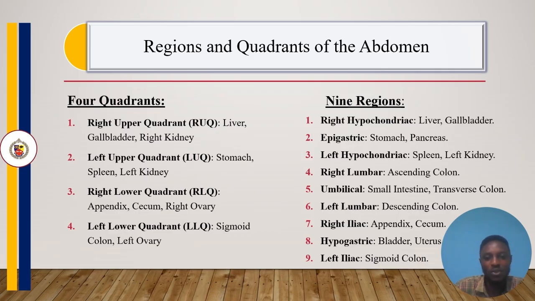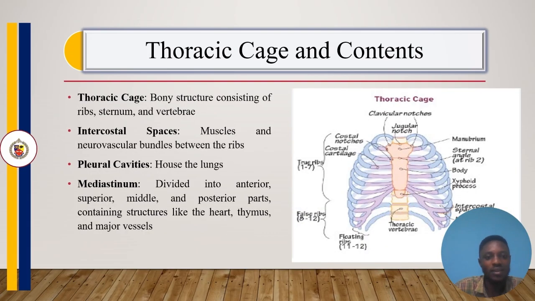These are the nine regions around the abdomen: the right hypochondriac, epigastric, left hypochondriac, right lumbar, umbilical, left lumbar, right iliac, hypogastric, and the left iliac.